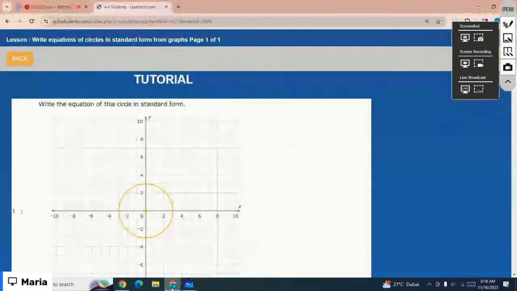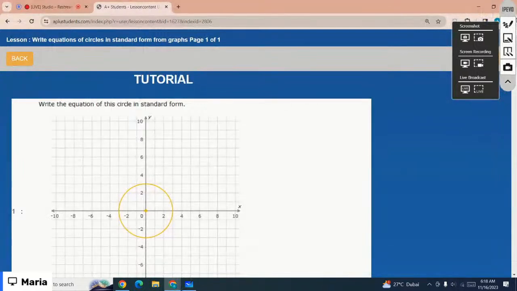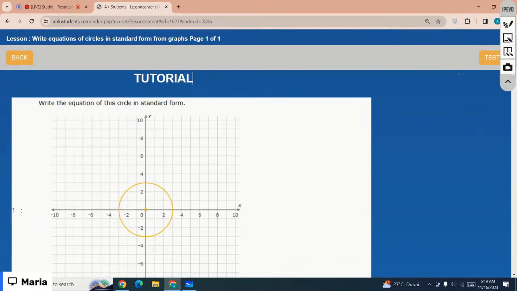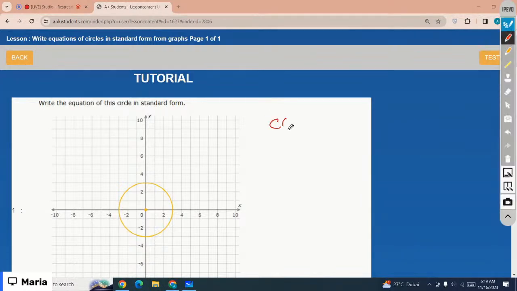Okay, so for the standard form we need the center of the circle, right? So here the center of the circle is 0, 0, or origin you can say, and the radius is 3. So writing the equation, it is (x minus 0) whole square plus (y minus 0) whole square equals r square. R is 3, so it would be x square plus y square equals 9.